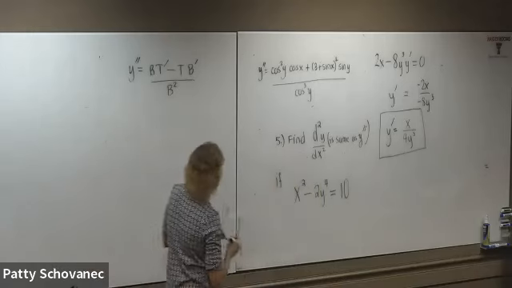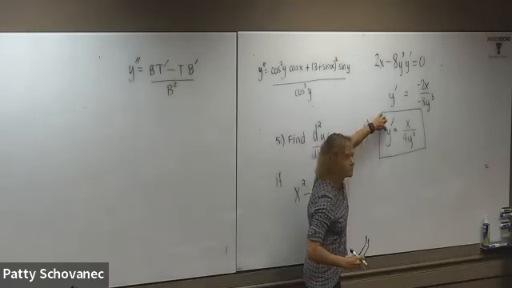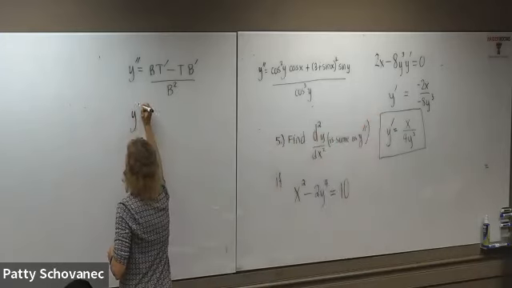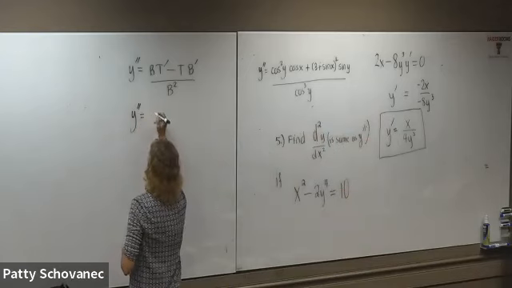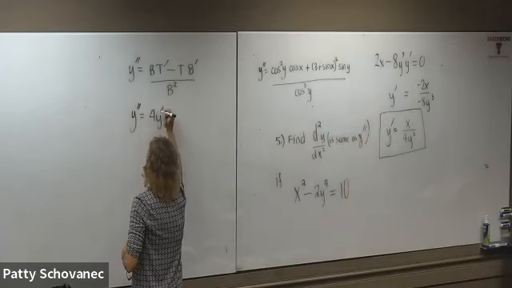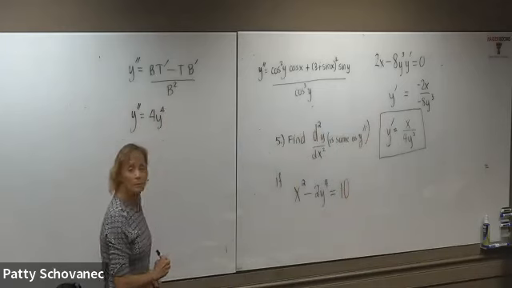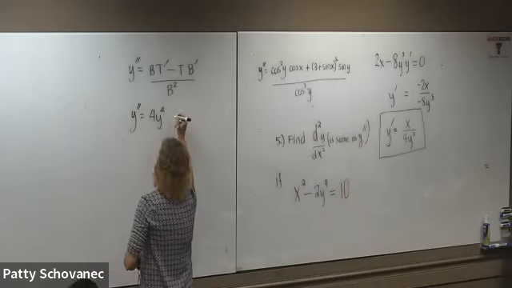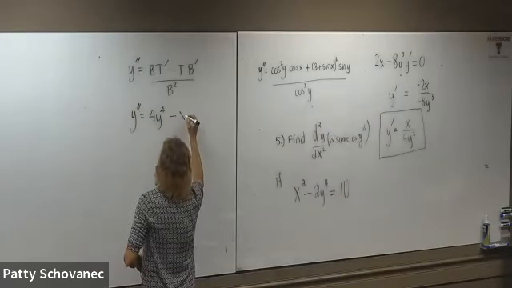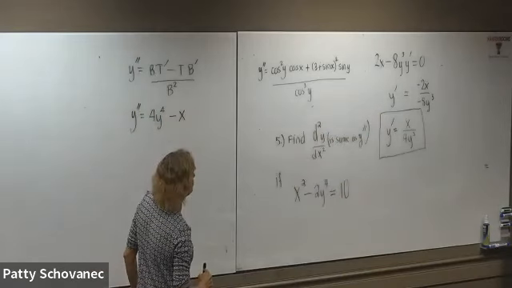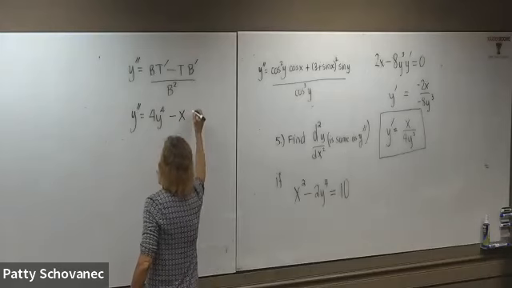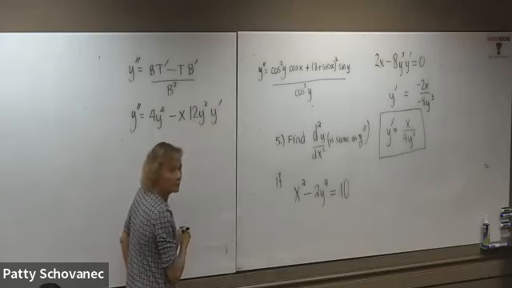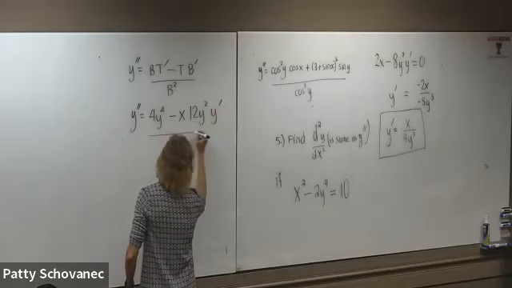This y double prime comes from taking the derivative of this, right? Now I put the bottom term here, that's 4y to the fourth. The derivative of the top, it's just 1, right? I don't have to put anything here. Minus the top. Now the derivative of the bottom. Did you get 12y squared y prime? All over the bottom squared.